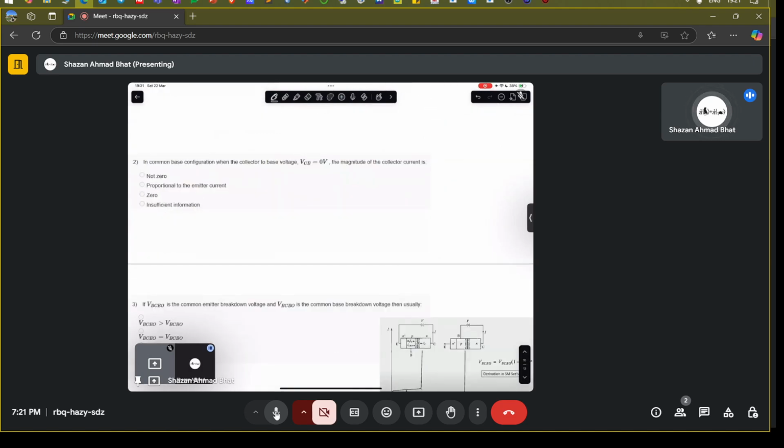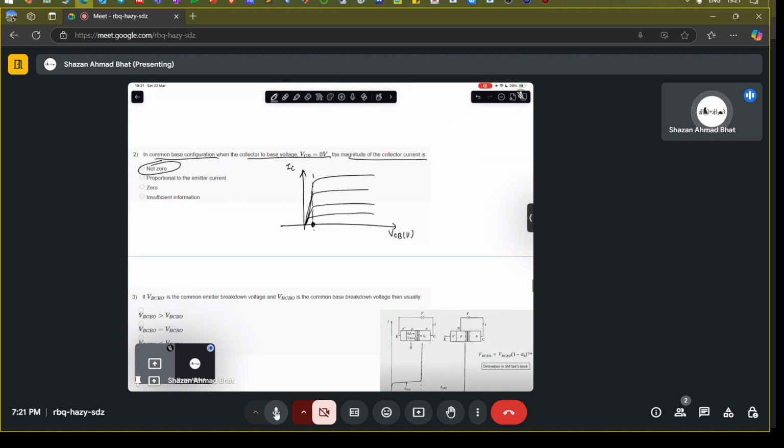Now moving on to another, in common base configuration, when the collector to base voltage is zero, the magnitude of collector current is not zero. That is what you saw. If you draw the collector current versus the collector voltage, this is the common base configuration, so it will be VCB in volts. You saw what happens: even if VCB is equivalent to 0, IC is not equivalent to 0.